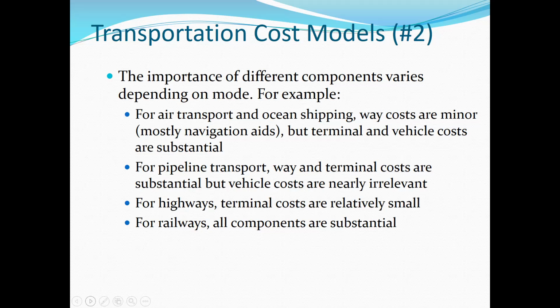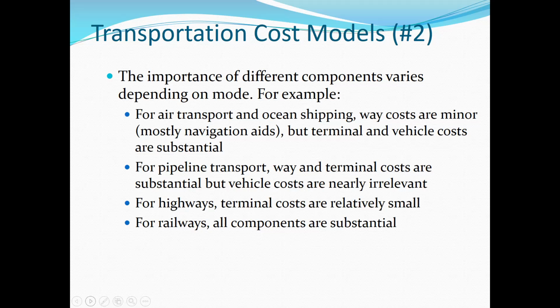For example, if you look at air transport and ocean shipping, the way costs are minor. You're talking just navigation aids. And in the scheme of things, those costs are very low compared to terminal and vehicle costs. Your vessels and your airplanes are much more expensive. Building ports and airports is much more expensive. So you have to make sure that you get your terminal and vehicle costs correct.